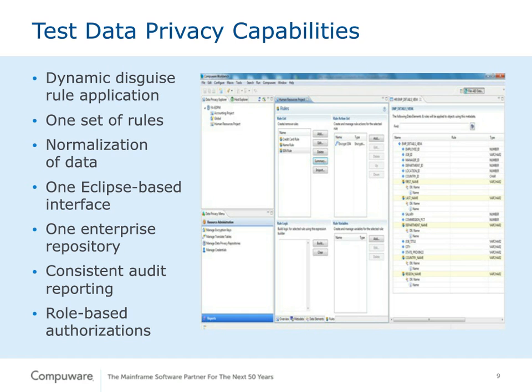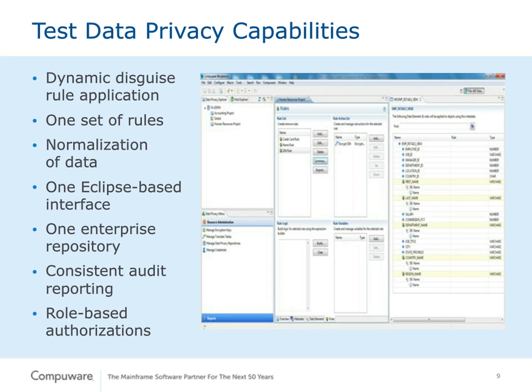File-AID data privacy is really a solution rather than a single product. It is one of the plugins that is available to you within Topaz, and the functionality to actually disguise data is integrated into the other products within the File-AID family. The Topaz interface allows you to define one set of disguise rules and store them into a shared repository.